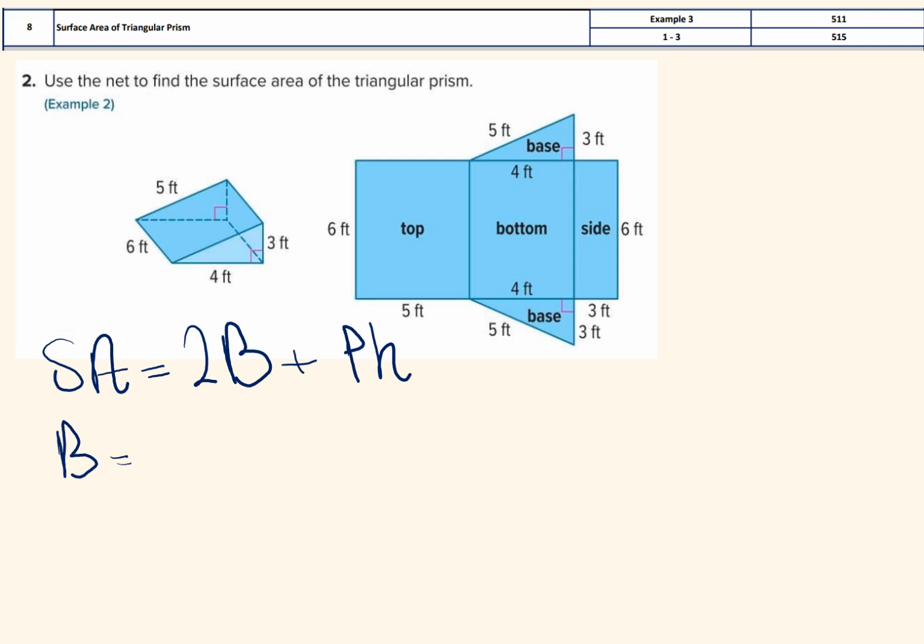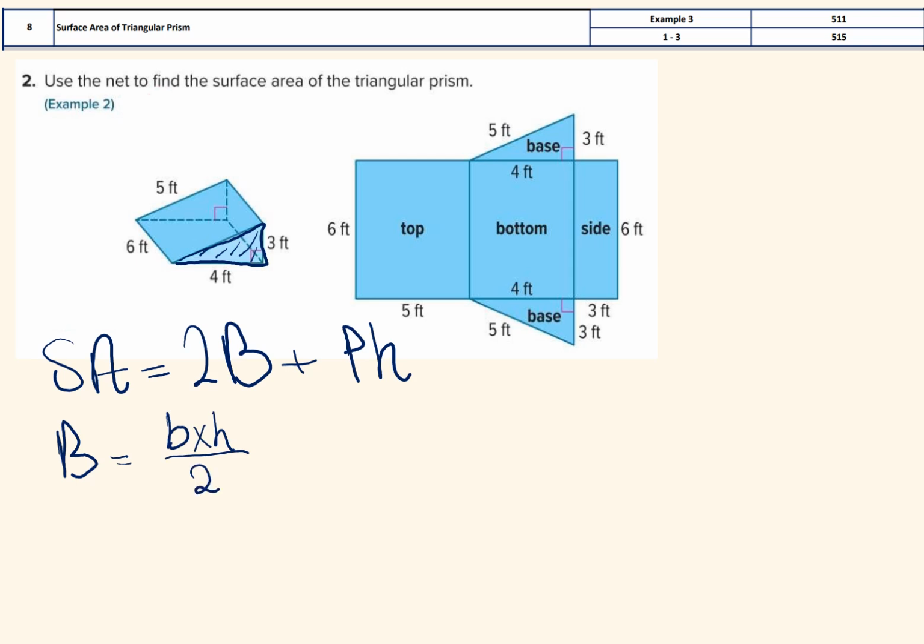Look at the base. The base is a triangle. So I need to find the area of a triangle. Forget everything and just focus on that triangle and find its area. I know that the area of a triangle can be found using this formula, b times h over 2.